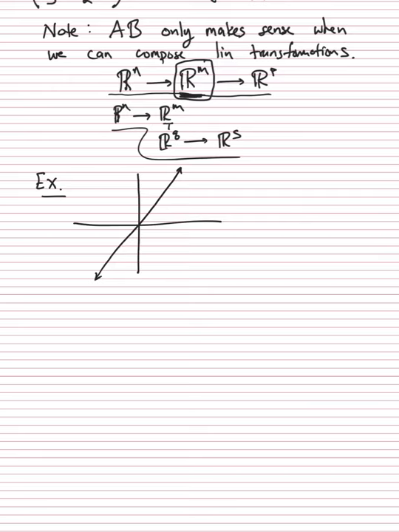So I'm going to project onto a line through the origin, y equals alpha x, and it takes a point and maps it to the closest point on the line y equals alpha x. So you get the whole plane projecting onto this line.